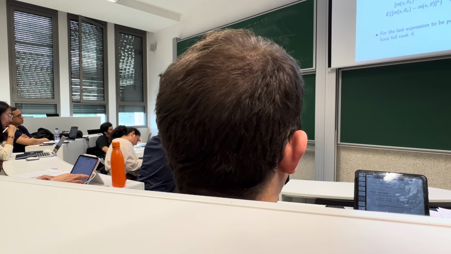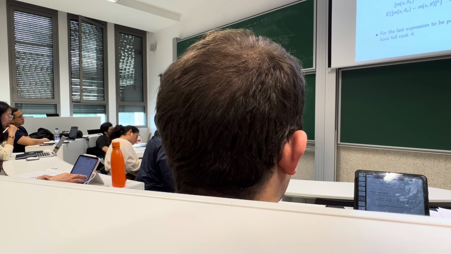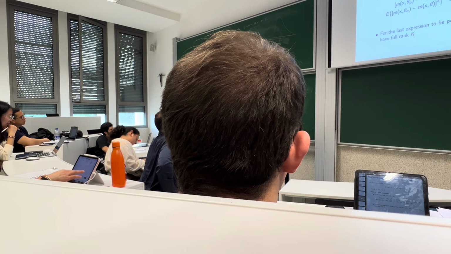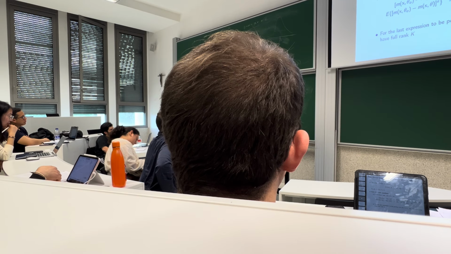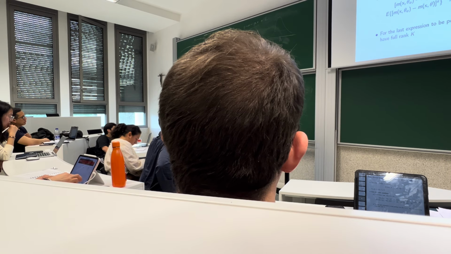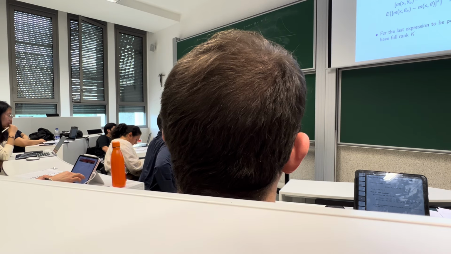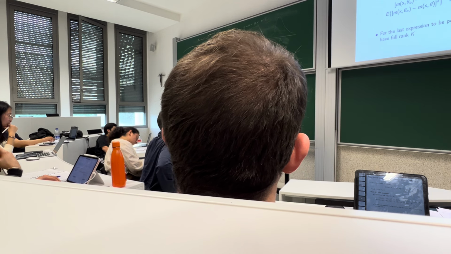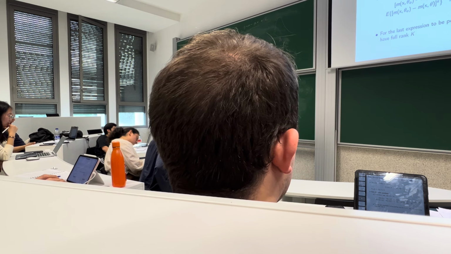We have shown that this beta is equal to the covariance between y and x divided by the variance of x. And we saw last time that the rank condition is such that this is larger than 0. That's what we showed last time.